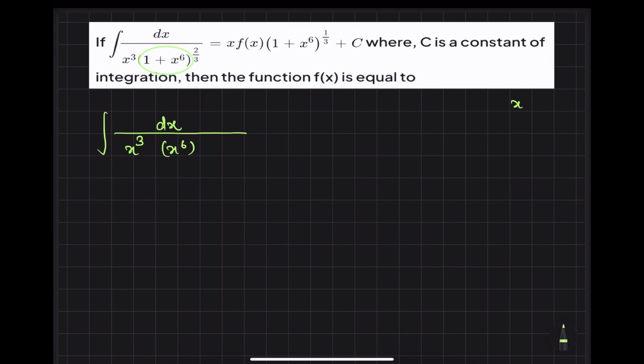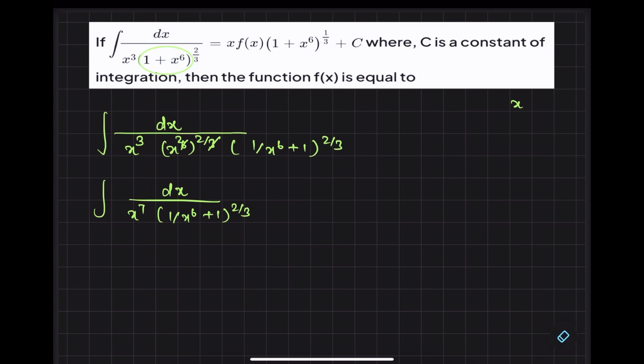It will take power 2 by 3, and you will be having 1 by x power 6 plus 1, power 2 by 3. So 3 and 6, so it is x power 4 and 3, 7. So it is dx by x power 7 times (1 by x power 6 plus 1) power 2 by 3.